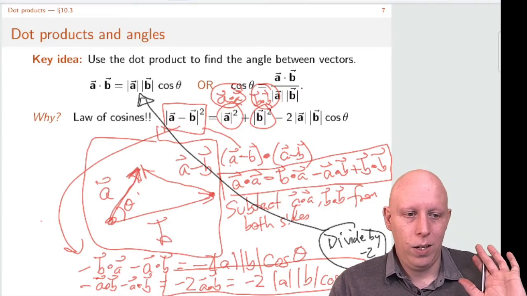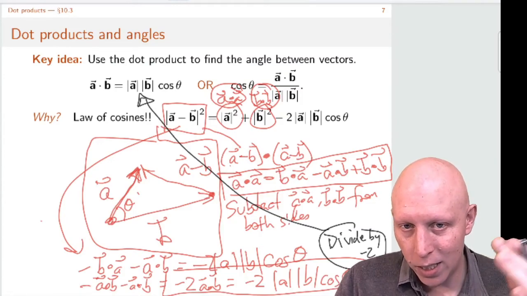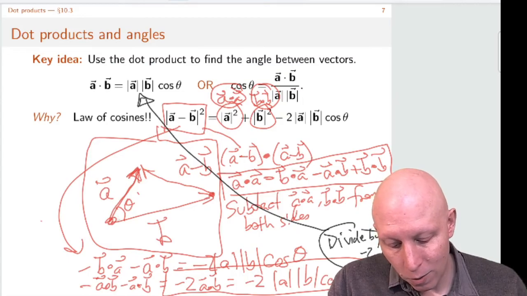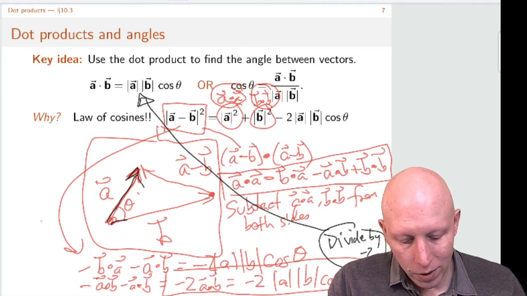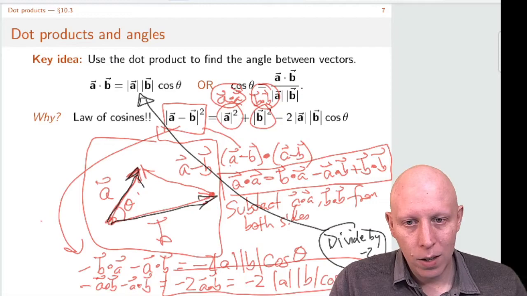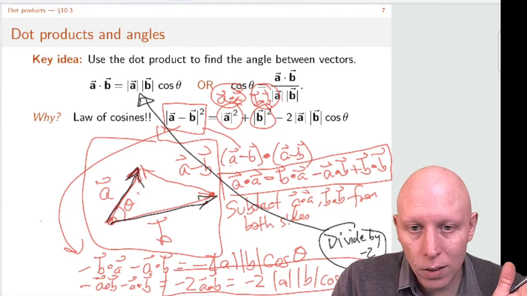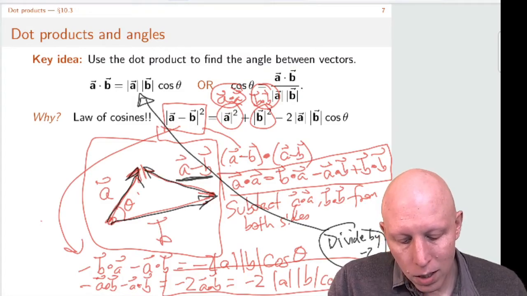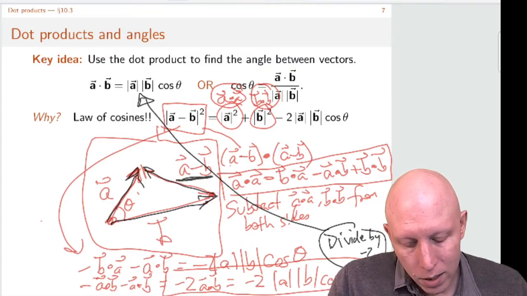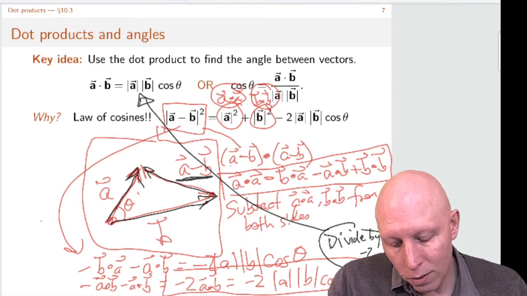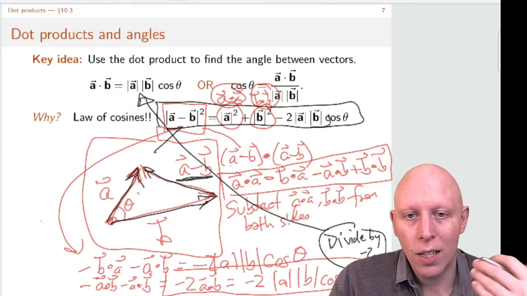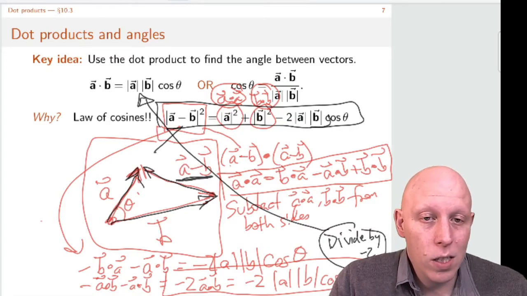All right, so what did we do here? I know that was a lot of calculations. Let's step back and talk about what we did. We said for any vector a and any vector b, they are two sides of a triangle. The third side of the triangle is a minus b, and the law of cosines gives us an equation for how the length of a, the length of b, and the length of the third side are all related.